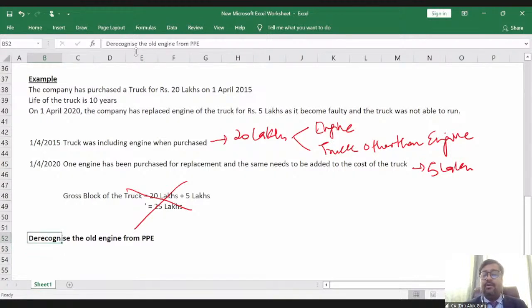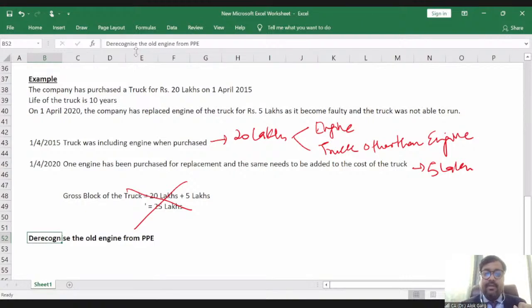We need to de-recognize the old engine from property, plant, and equipment. In that case, when we de-recognize the existing engine and capitalize the new engine, of course, in this truck there will only be one engine and the gross block will not be 25 lakhs. So the gross block will be 20 lakhs minus the cost of the original engine plus the cost of the new engine, right? So this will be either less than 20 lakhs or could be more than 20 lakhs. But of course, the cost will only be the cost of a single engine.